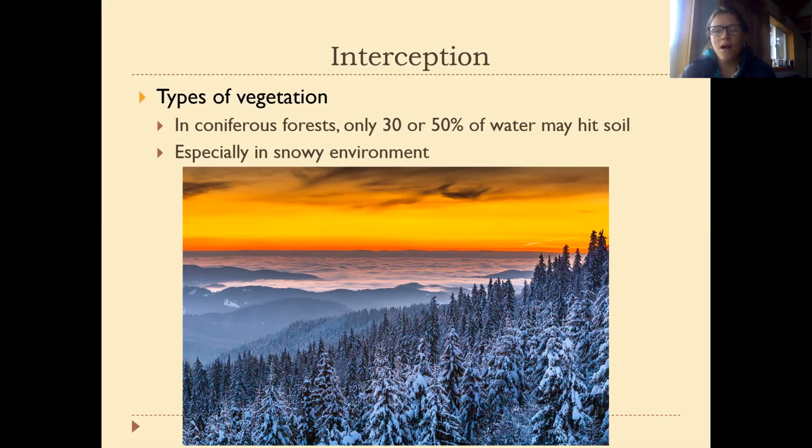And so that amount of water is called the intercepted component of water. Some environments have very high interception, some have much lower interception. Coniferous forests, where there's a lot of persistent leaf vegetation, right? Needles throughout the whole year, they don't lose their needles in the winter.